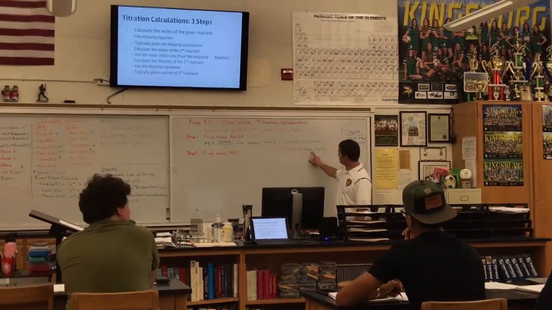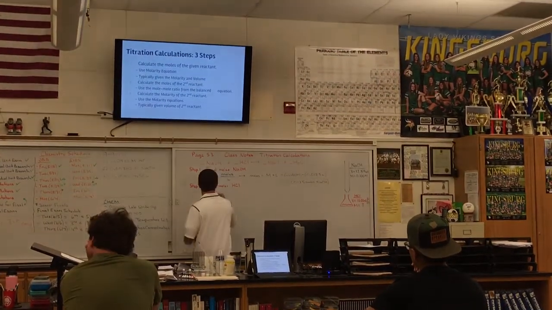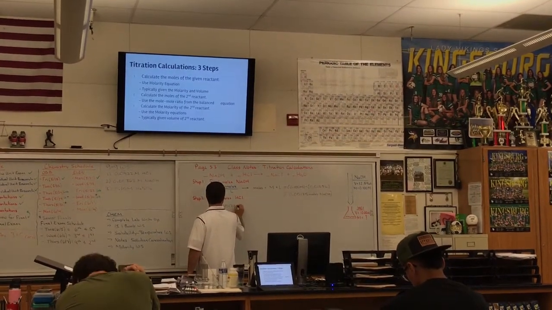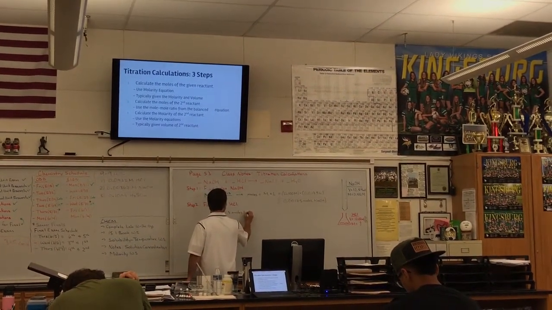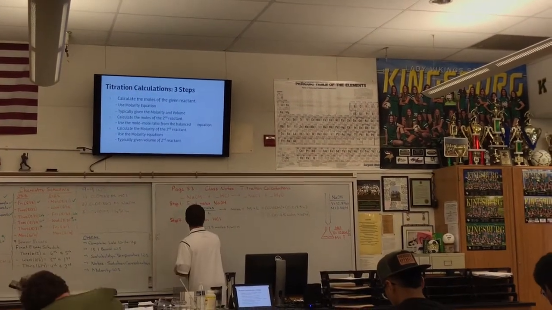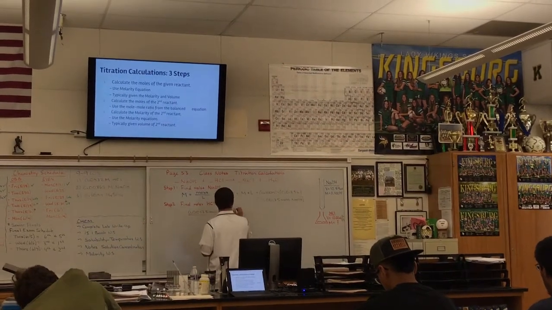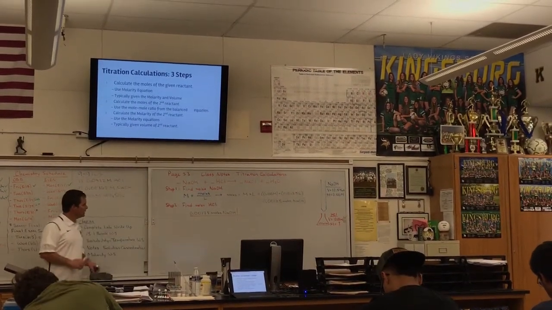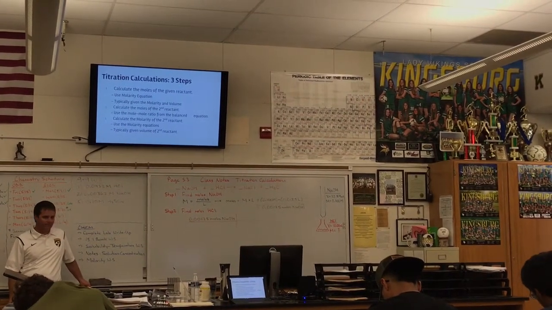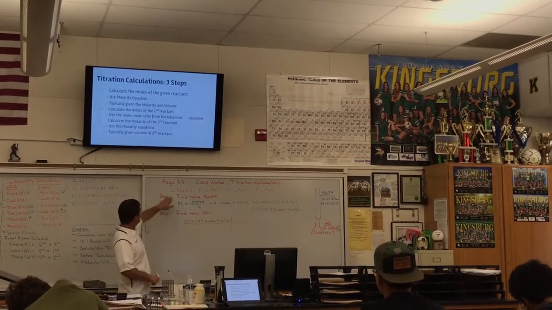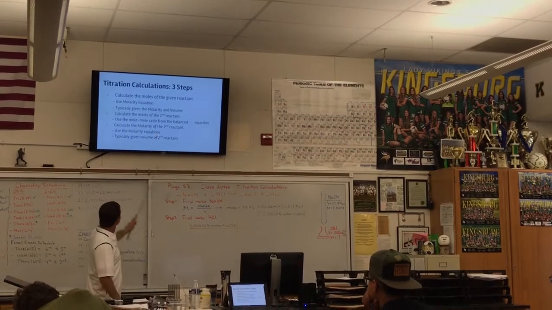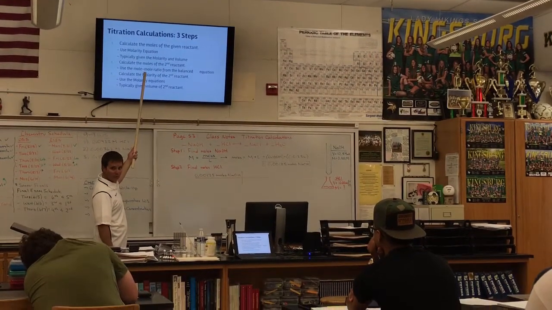So I found the moles of NaOH. I list that out as 0.00125 moles NaOH. And I'm going to use the balanced equation to find the moles of HCl by using a mole-to-mole ratio.